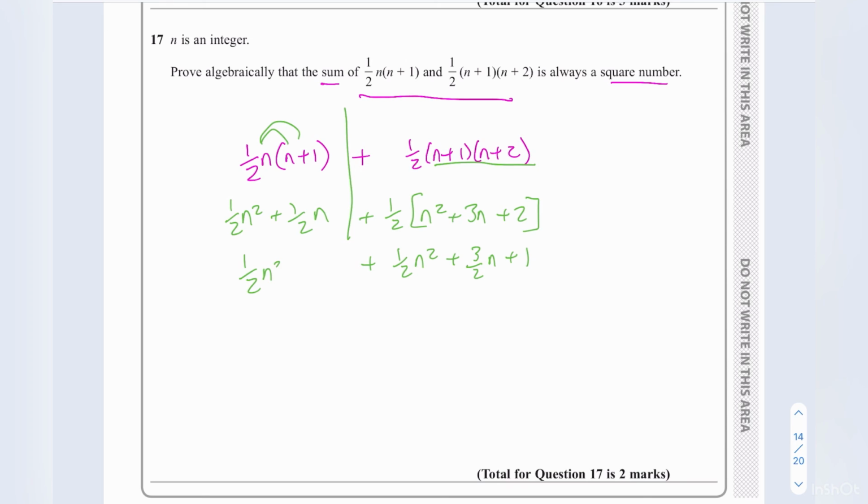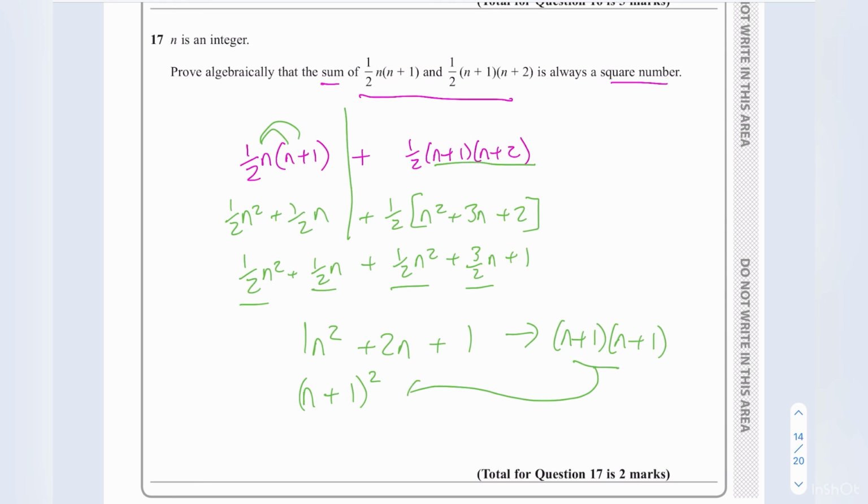And then that was added to our original left-hand side. Now we can collect together our like terms. We're going to have 1n squared plus 2n plus 1. So now, if we can factorise this into double brackets to show that it has to be a square number, we would get n plus 1 squared, because this would factorise to n plus 1, n plus 1.